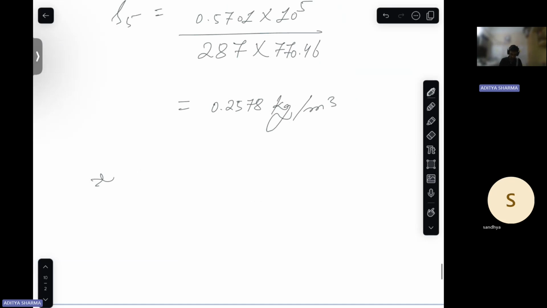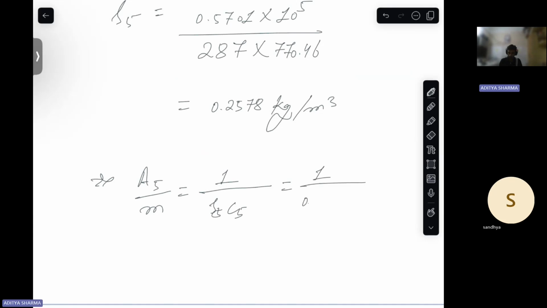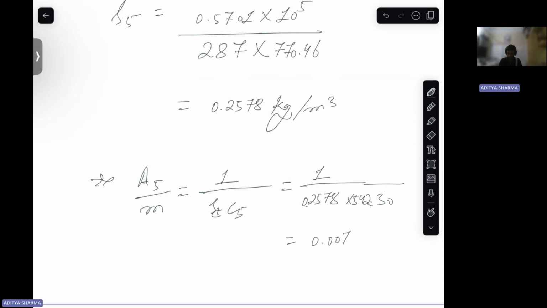So this ratio is 1 divided by rho 5 C5, 1 divided by 0.2578 into 542.30. If you work this out, this will come out to be this.